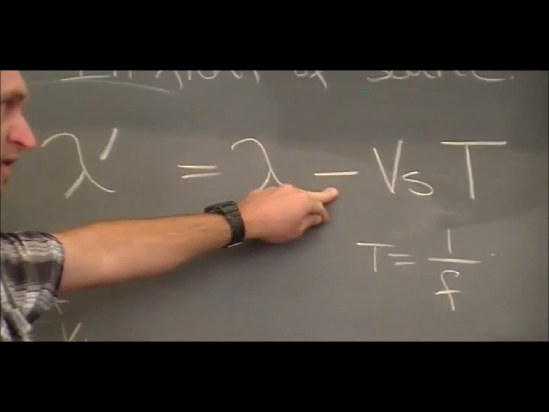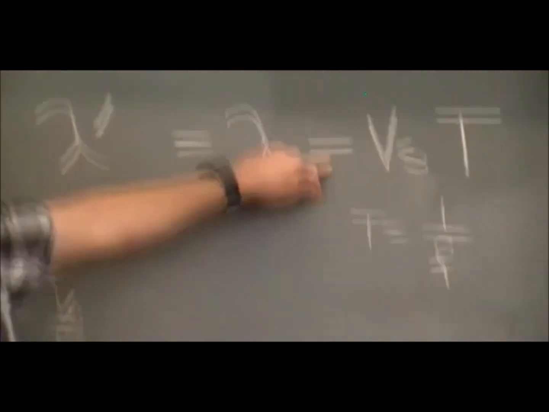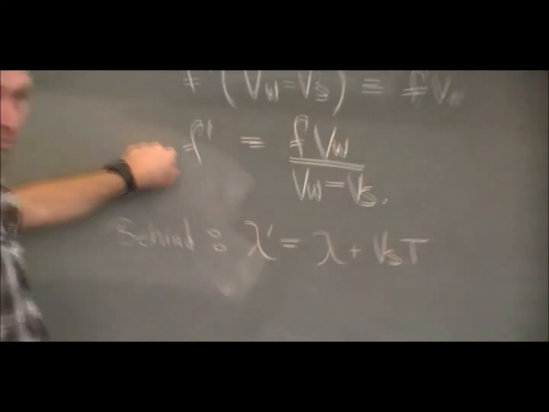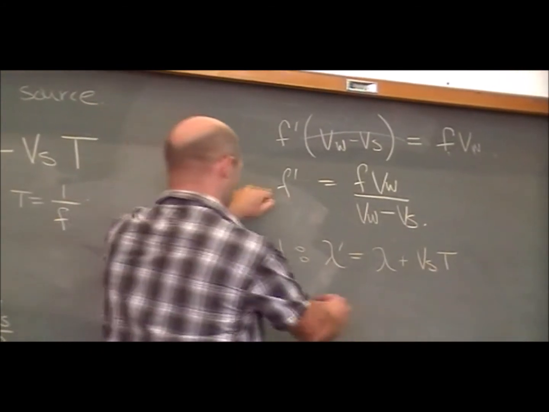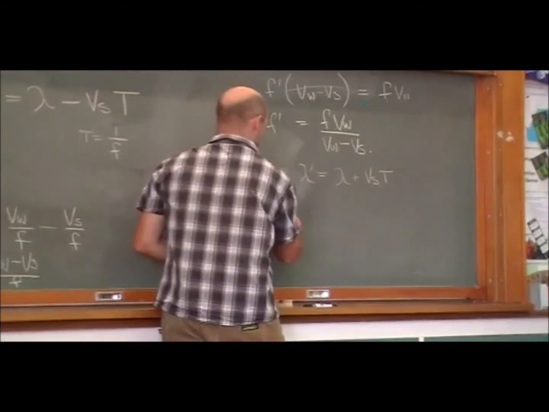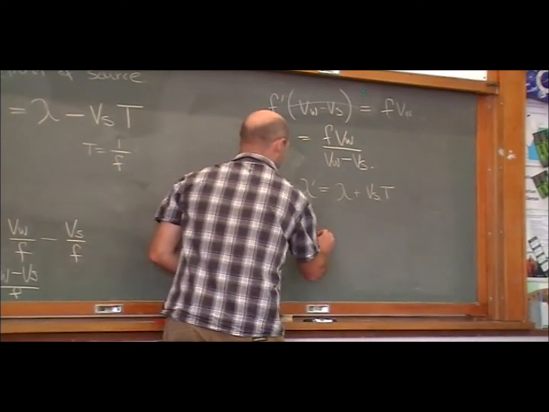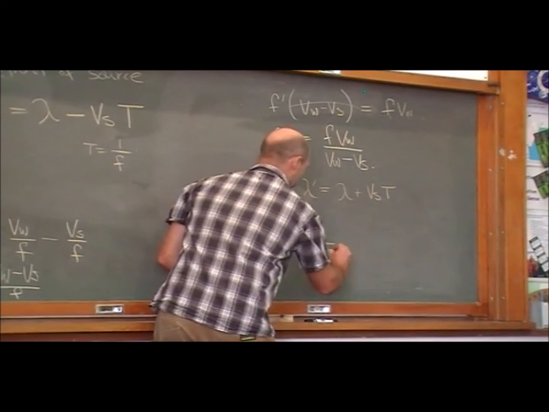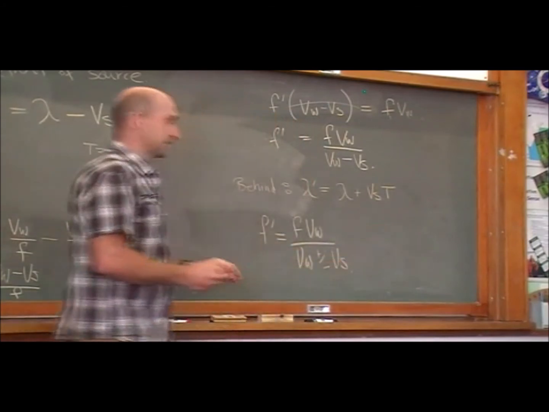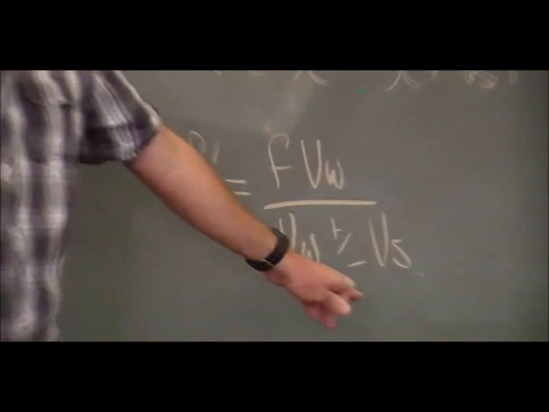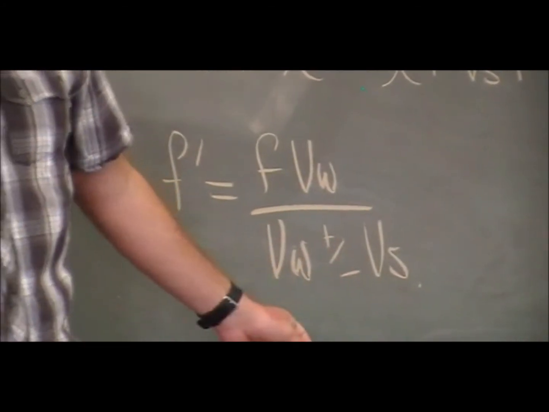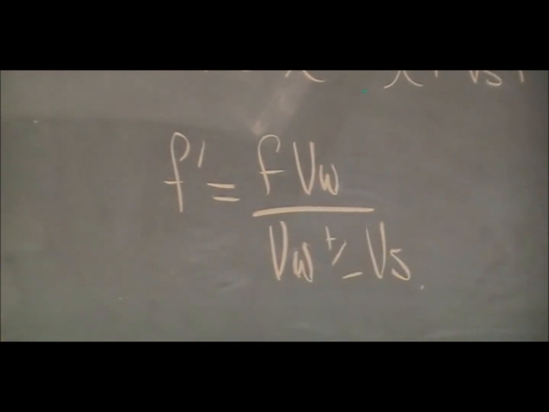So the only difference between behind and in front of the source is whether it's a plus or a minus. We can rewrite this more generally: f prime is f Vw over Vw plus or minus Vs. The minus is what we use when the source is approaching, and the plus is when it's receding, moving away from us.